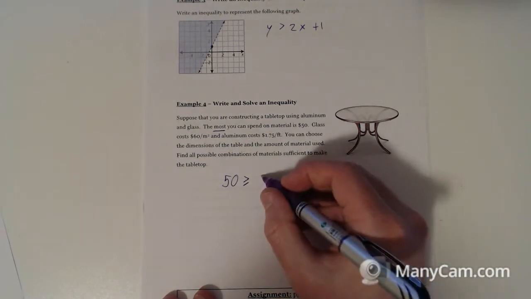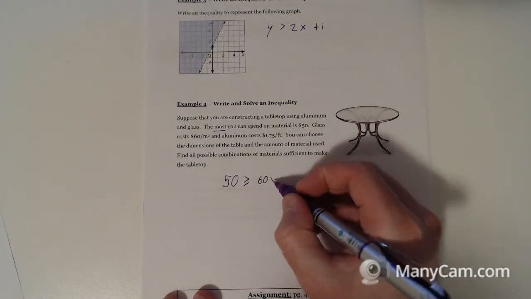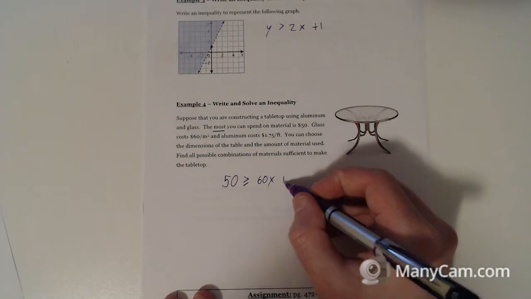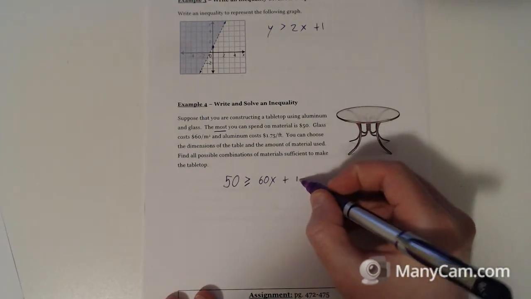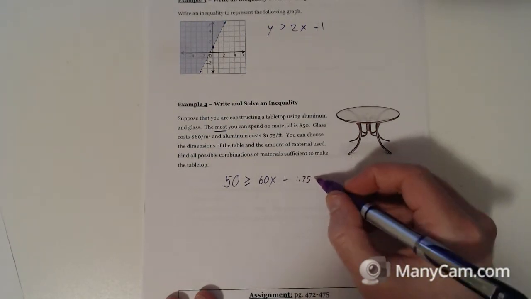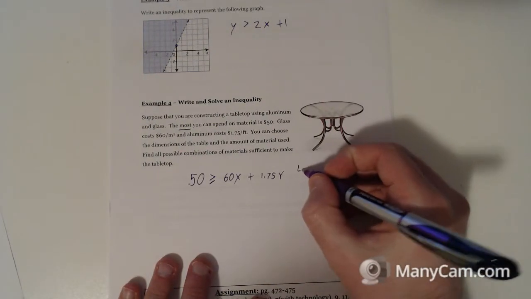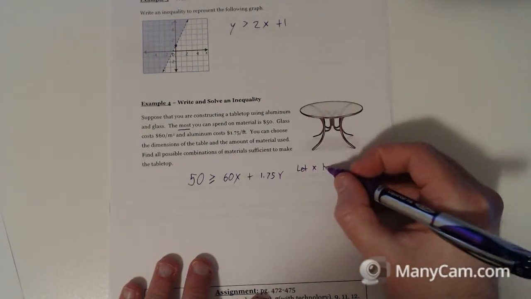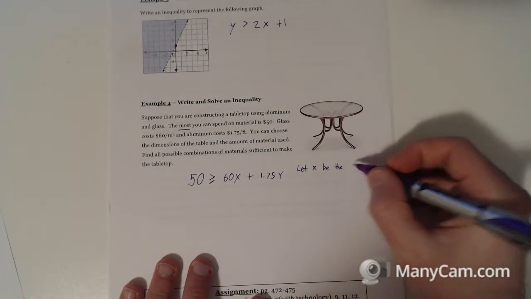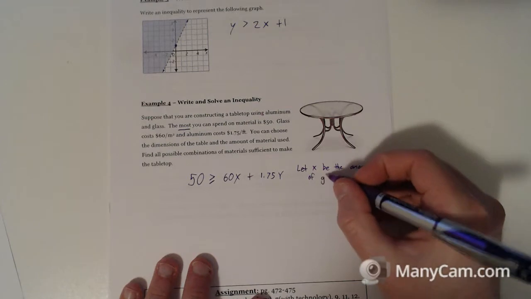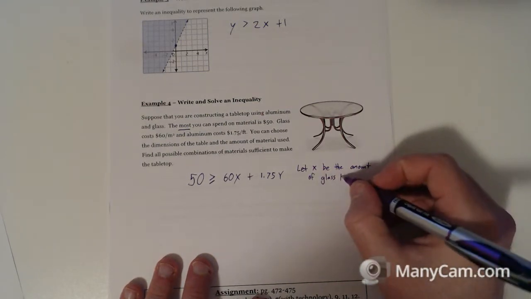And we're going to spend $60 times X, where X is the amount of glass, and we're going to spend an additional $1.75 per Y, where Y is the amount of aluminum. And we should write that. Let X be the amount of glass bought.